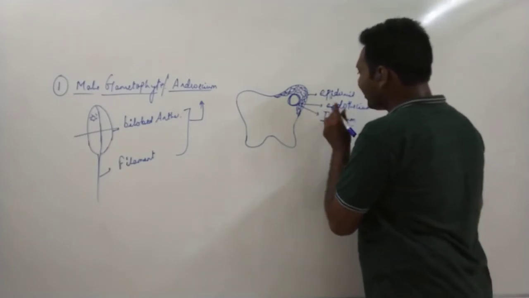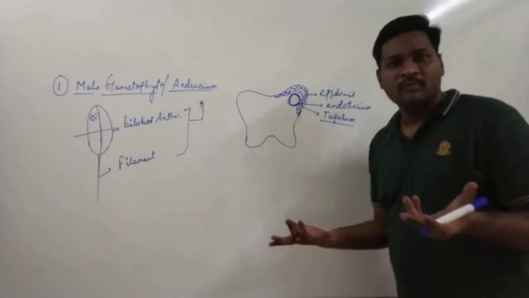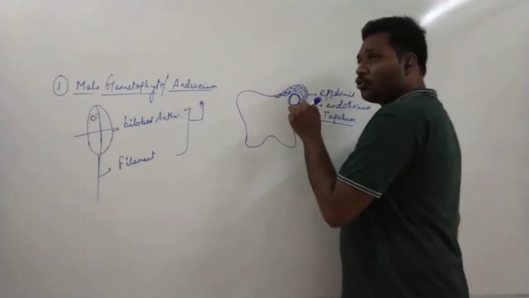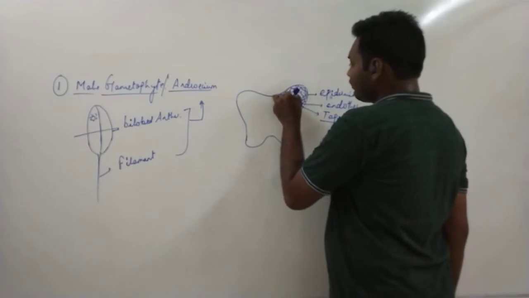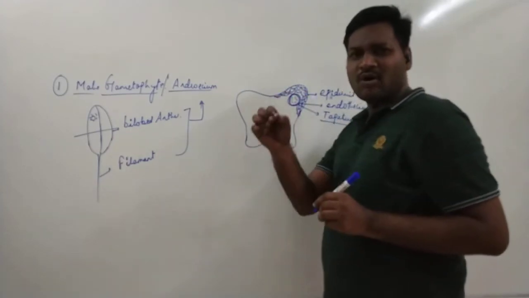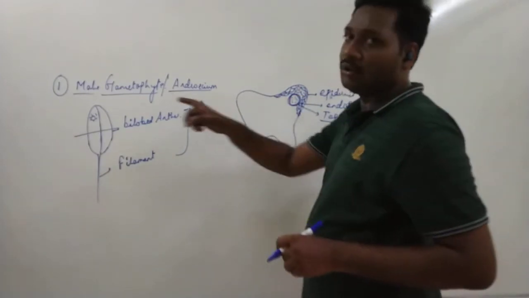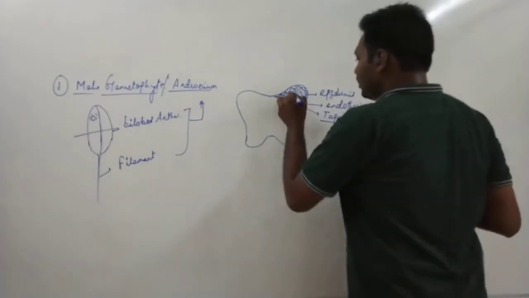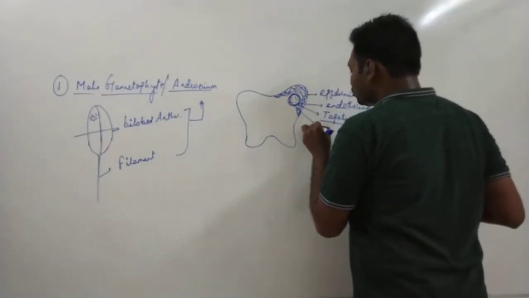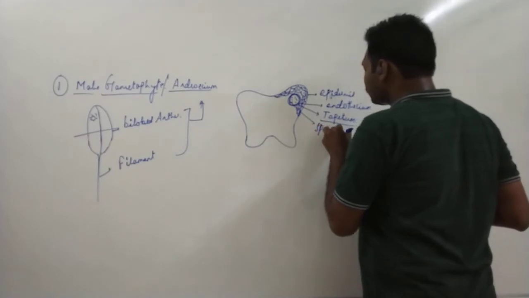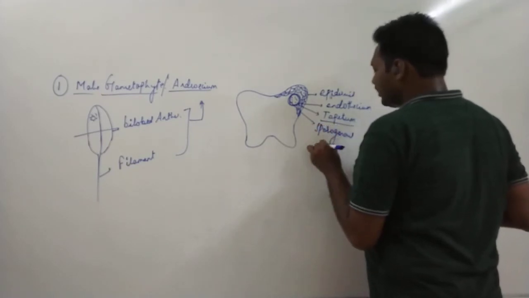This tapetum provides the nourishment to whom? To the sporogenous tissue, this ring-like structure consisting of certain small spores. These spores are nothing but the pollen grains. So here we can label it as the sporogenous tissue.